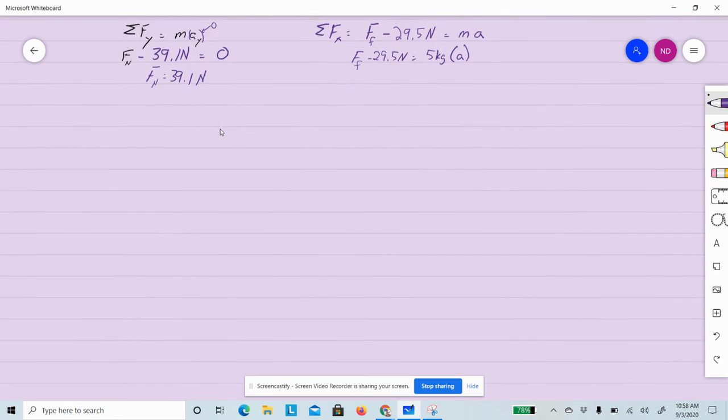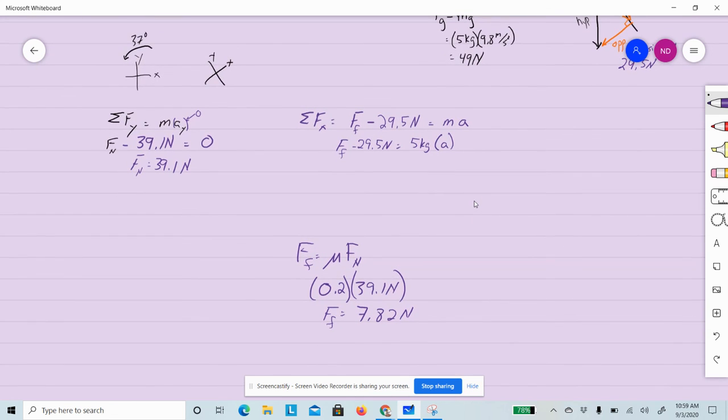Very important, you remember this: the force of friction equals mu times the normal force. You were told the coefficient of kinetic friction is 0.2, and we just figured out the normal force to be 39.1 newtons. Multiply 0.2 times 39.1, and the force of friction equals 7.82 newtons.